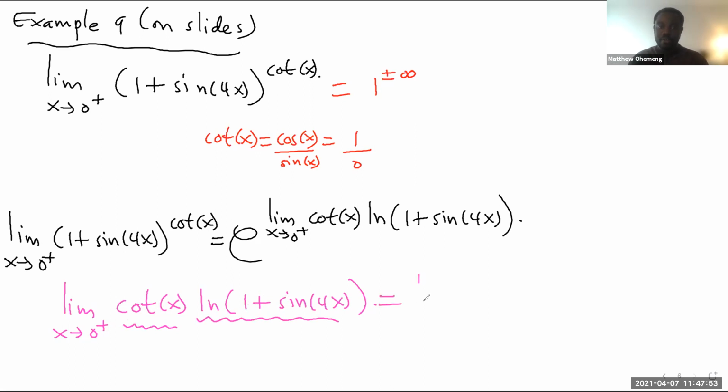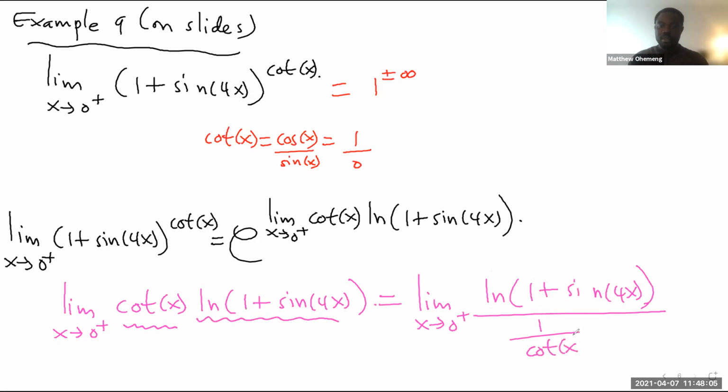So I'll leave the ln here, and then do 1 over cotangent of x. Are you okay up to this point? But 1 over cotangent of x is the same as tangent of x, right?